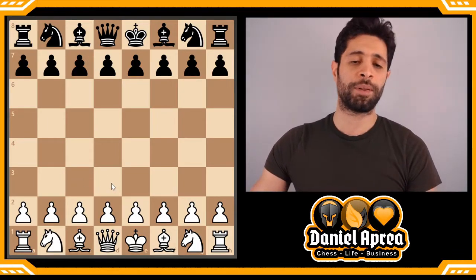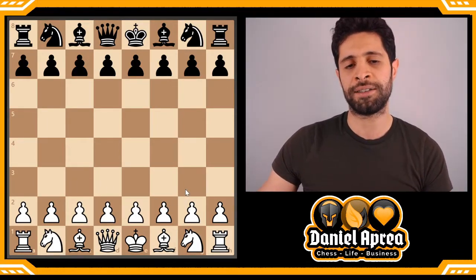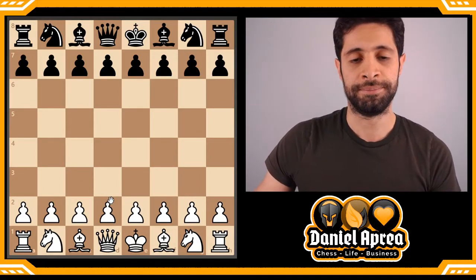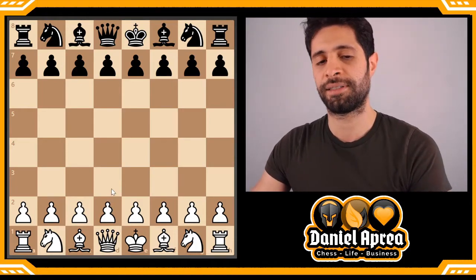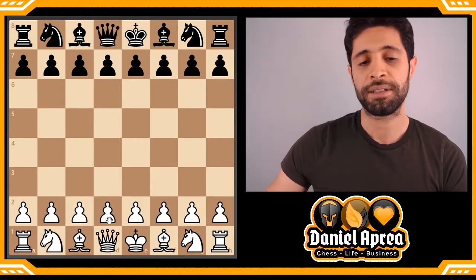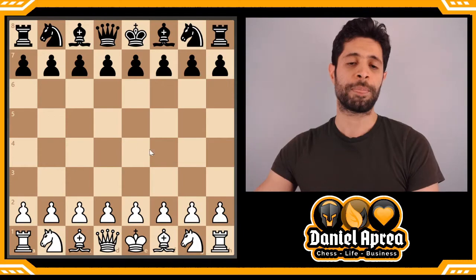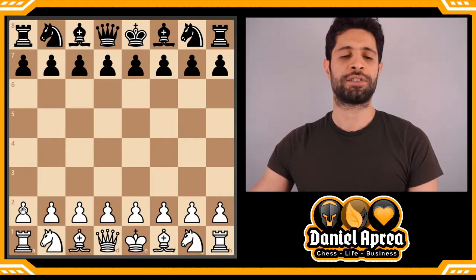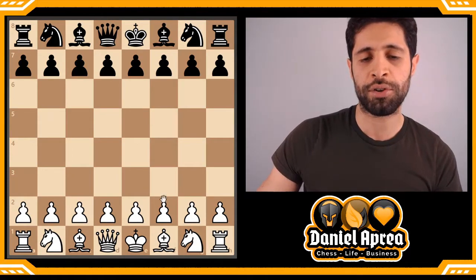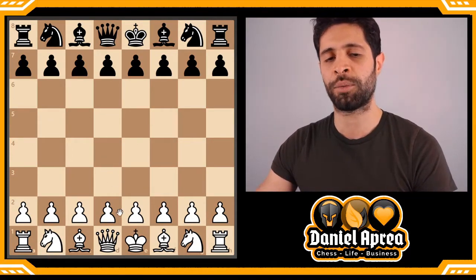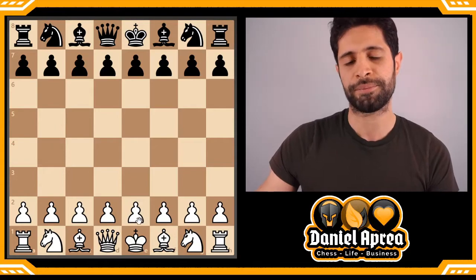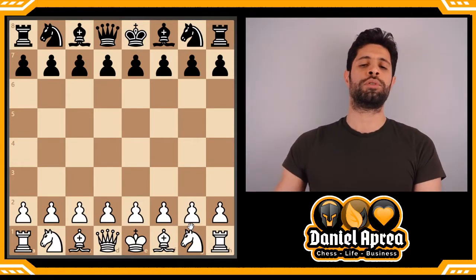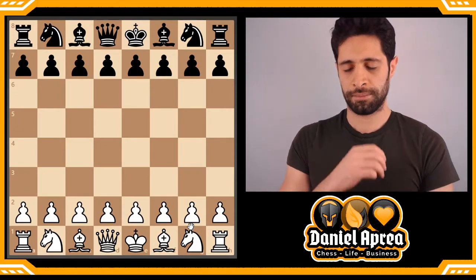The other thing about the pawn is that it captures in a different way than it moves. A pawn can only move forward, and it's usually 1 square, with the exception of the starting square. When they're on the starting square, they can decide if they want to move 1 or 2 squares. So right now, how many possible pawn moves does white have?